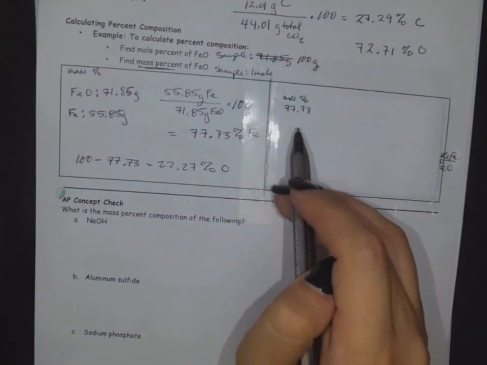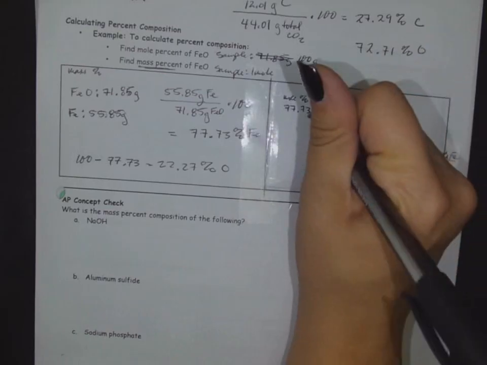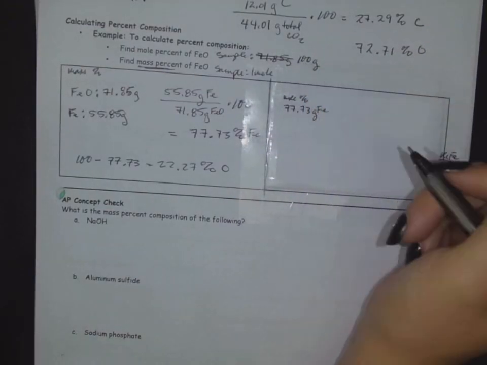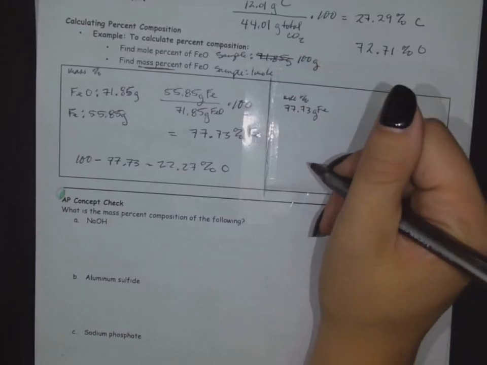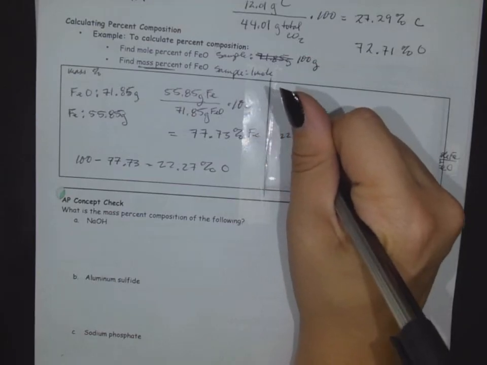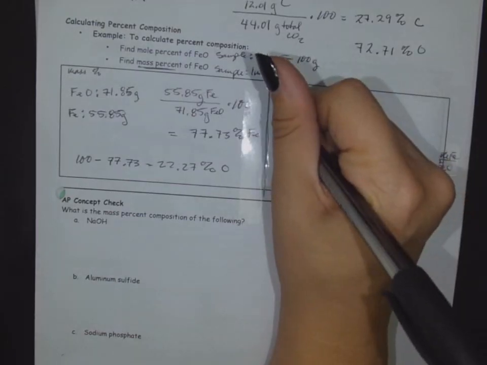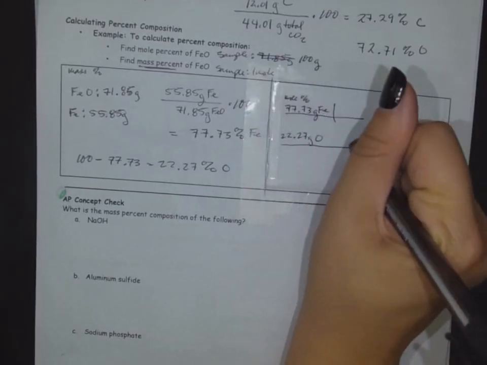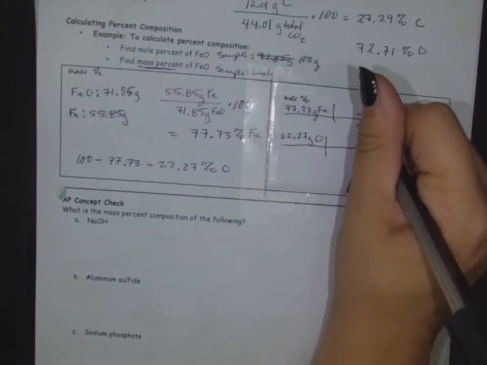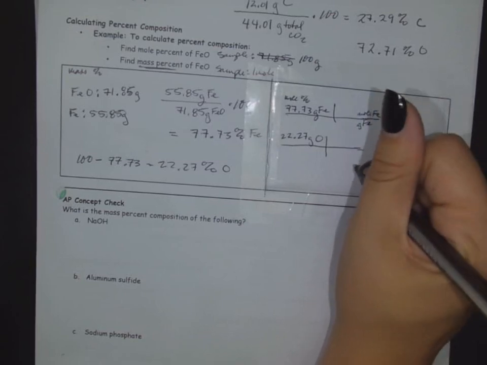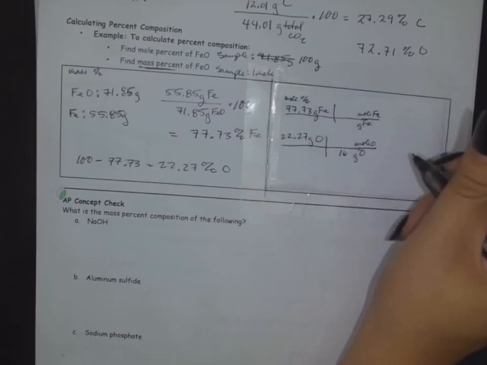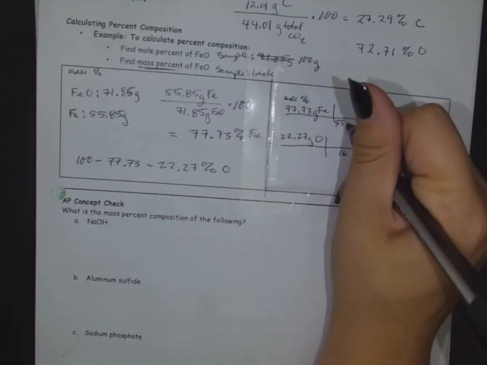So I have 77.73 grams of iron, and then the rest of this 100-gram sample is 22.27 grams of oxygen. Well, I don't want masses, I want moles because it's a mole percentage. So grams of iron to moles of iron, and grams of oxygen to moles of oxygen. The molar mass of iron was 55.85.